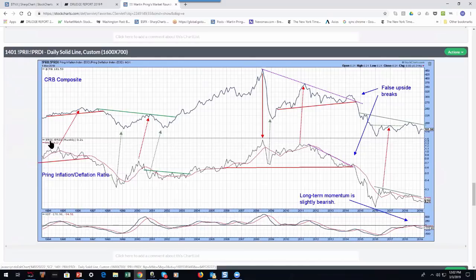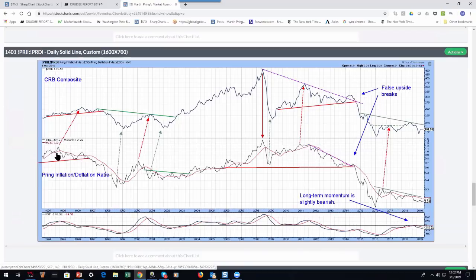And that index consists of S&P groups that are resource-based and tend to do better when commodities are moving on the upside. And then that's compared to the PRDI, which is the Pring deflation index, which takes stocks or sectors from the other side of the cycle that tend to be sensitive to interest rate moves.